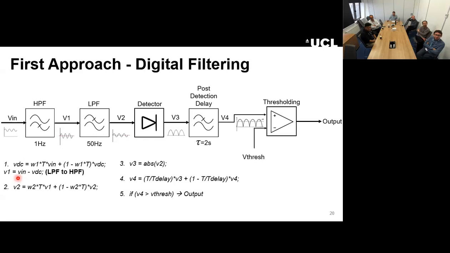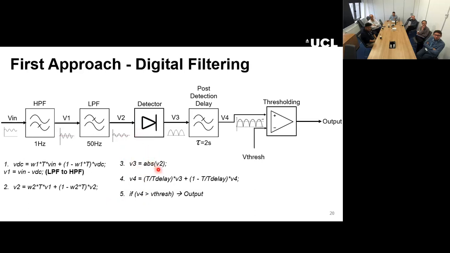Then subtracting the VDC, which is 512 here, half of the Arduino's ADC range, will give us a high-pass filter, so we can get rid of the DC component of the signal. And we applied another low-pass filter with 50 Hz corner frequency. Here, omega 2 is 2 pi 50, and t is again the Arduino's sampling speed.